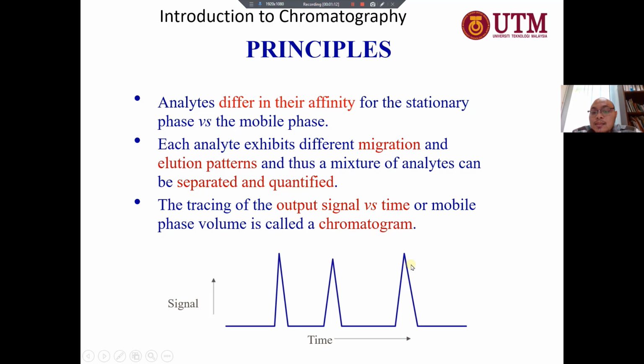But Hassan, the person that loves me more and attaches to me more strongly, will elute last. That is a kind of analogy that I can describe. So each analyte exhibits different migration and elution patterns, and thus a mixture of analytes can be separated and quantified, as in the analogy I described before.